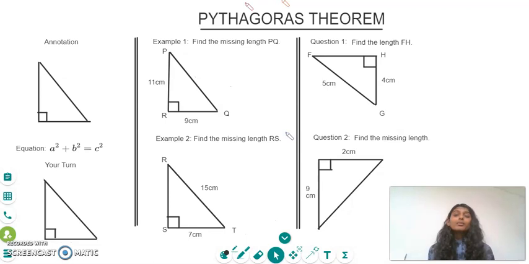You're probably wondering how to distinguish the difference between a right angle triangle and a normal triangle. Here you can see there's a vertical line and a horizontal line, and they are perpendicular to each other, making 90 degrees. Let me give you an example of another triangle.